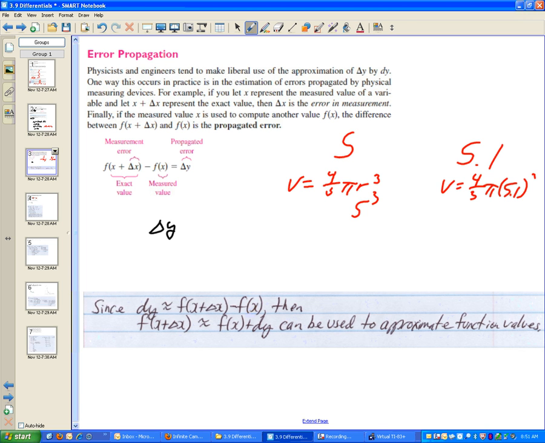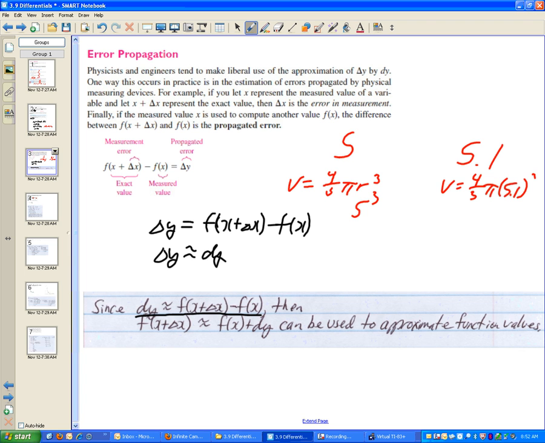We have delta y is f of x plus delta x minus f of x. Delta y is approximately dy. So that means that dy is approximately f of x plus delta x minus f of x.